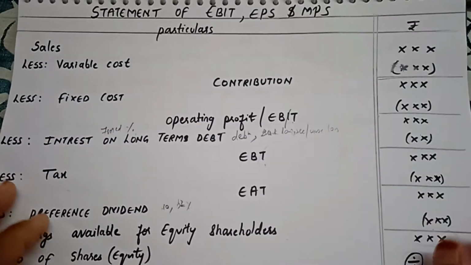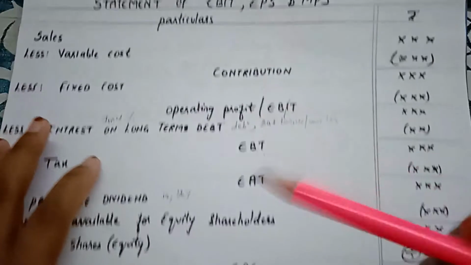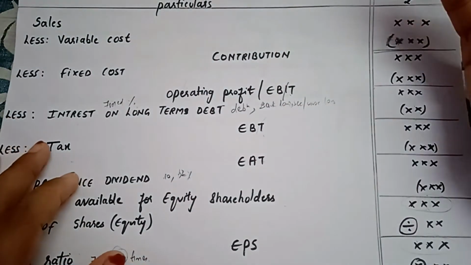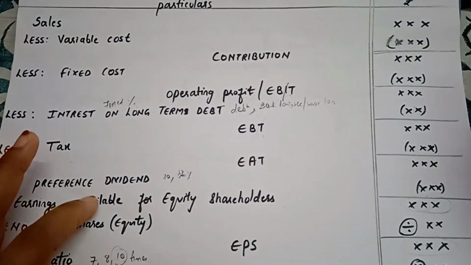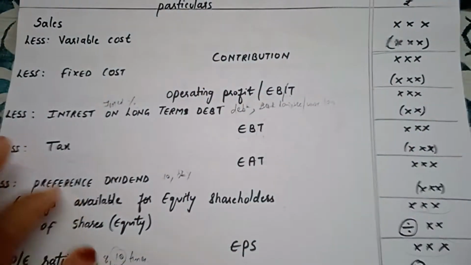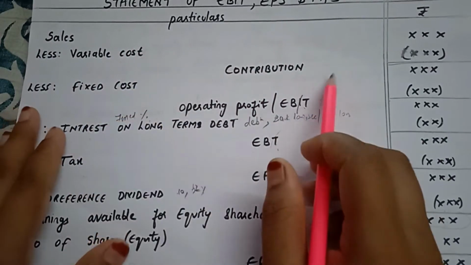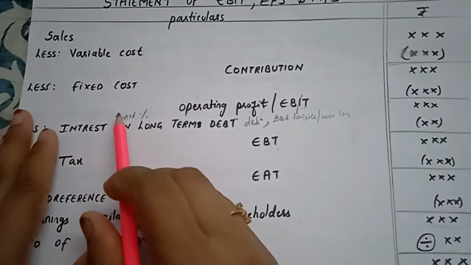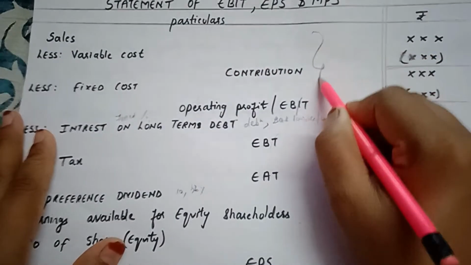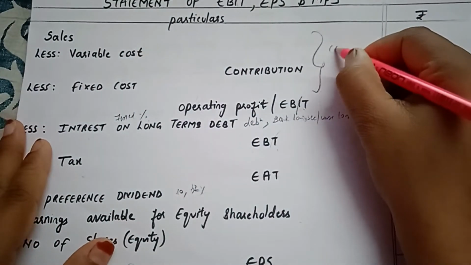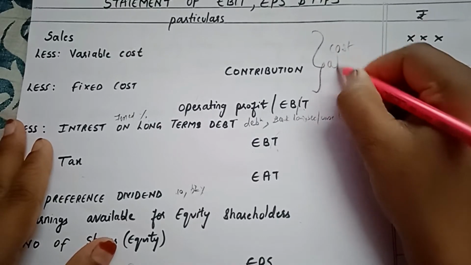So we have started from the sales and we have ended up to MPS. Right now you can actually relate to accounts and financial management. Now you can completely relate. One more thing is that sales less variable cost is the contribution, and fixed, all these things till here, making of these things till here, it's the responsibility of the cost accountant.